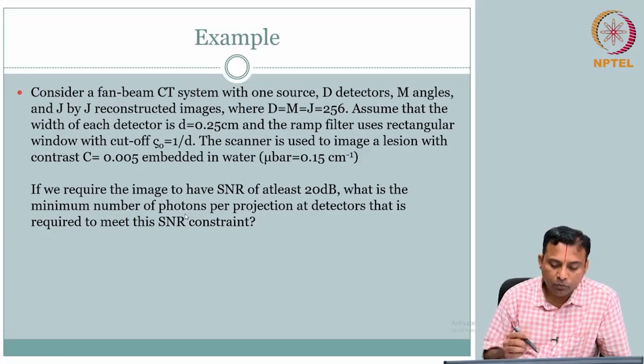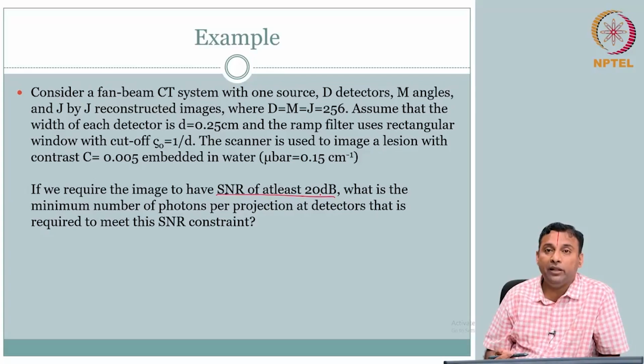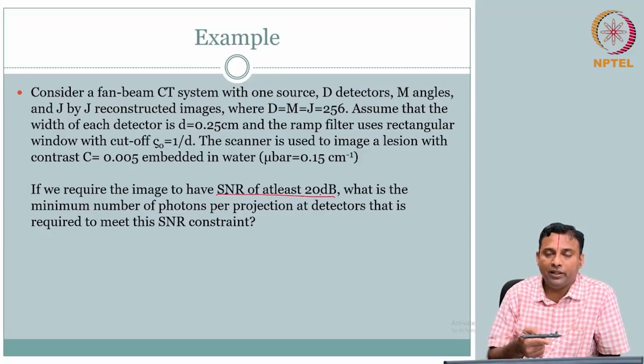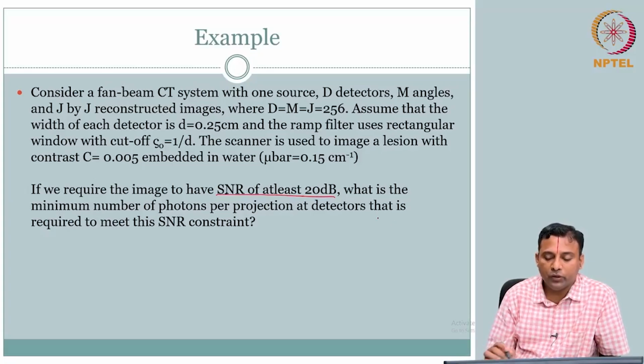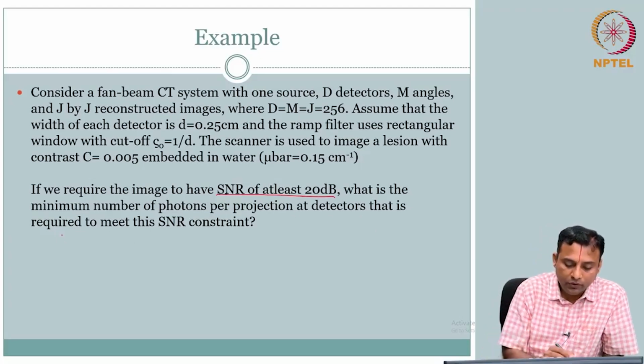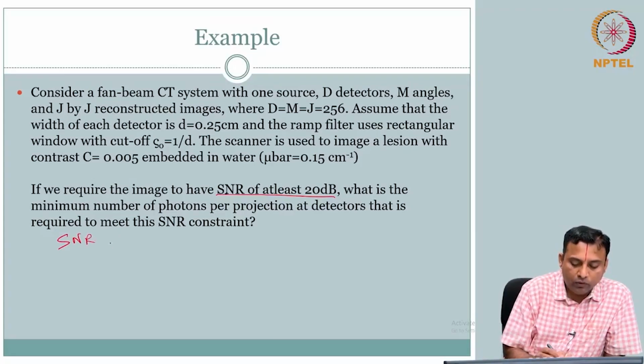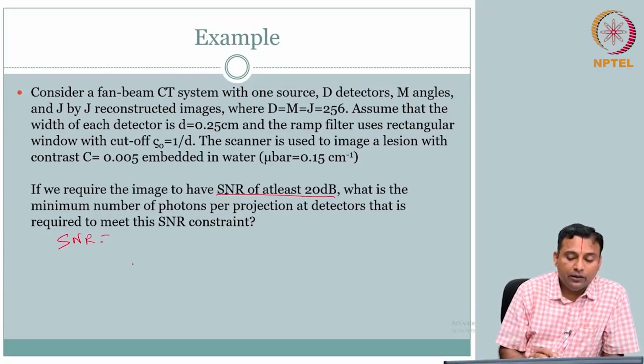How will you go about it? First and foremost, you are given a requirement for SNR in dB, but what we derived in the previous slide had SNR as a ratio. So the first thing you can do is convert this dB to a ratio. How is that done? 20 log base 10 of SNR. So first you can get SNR alone, not in dB.